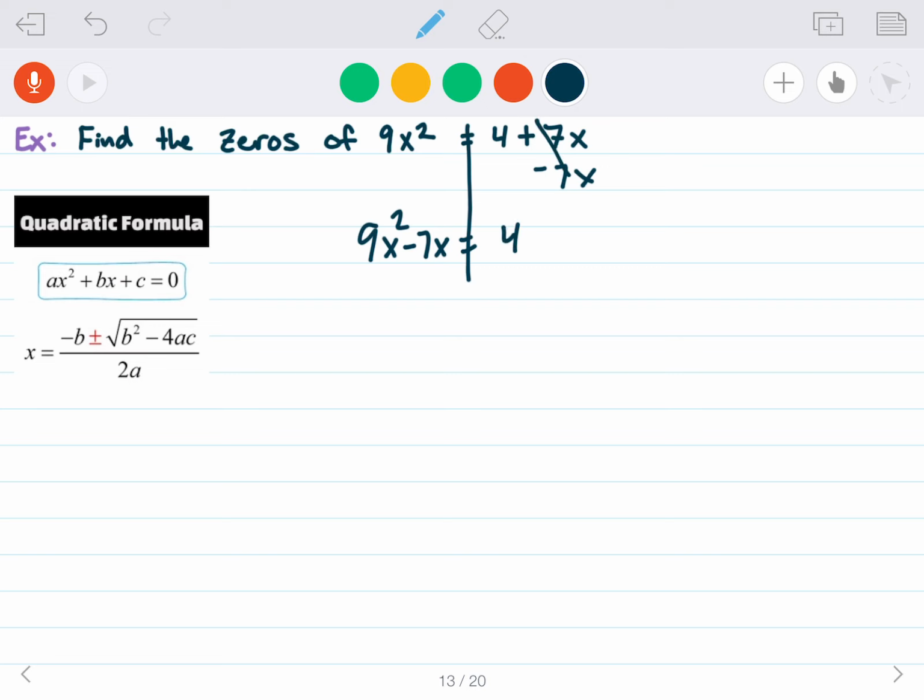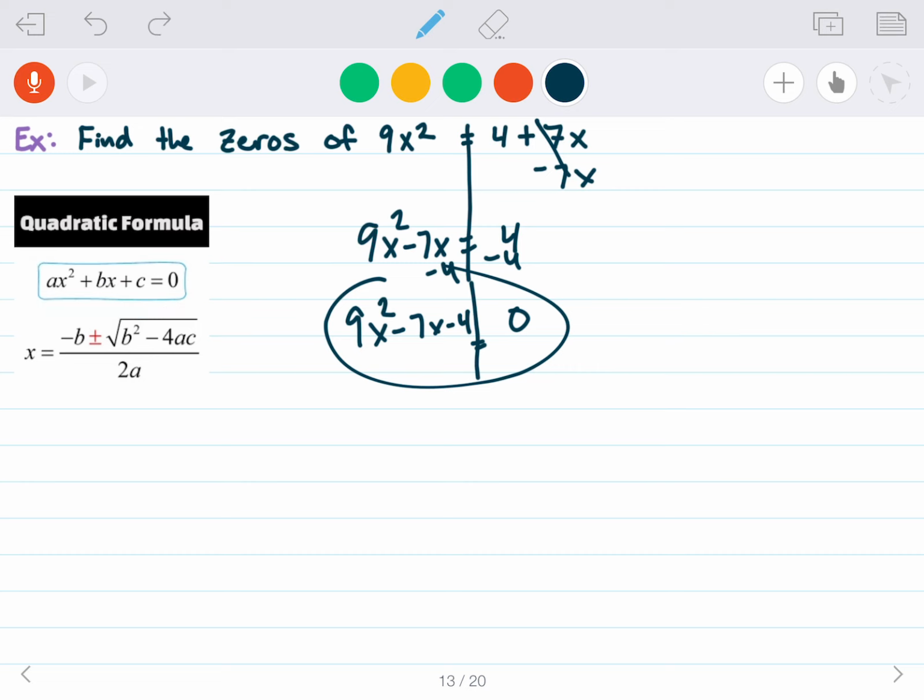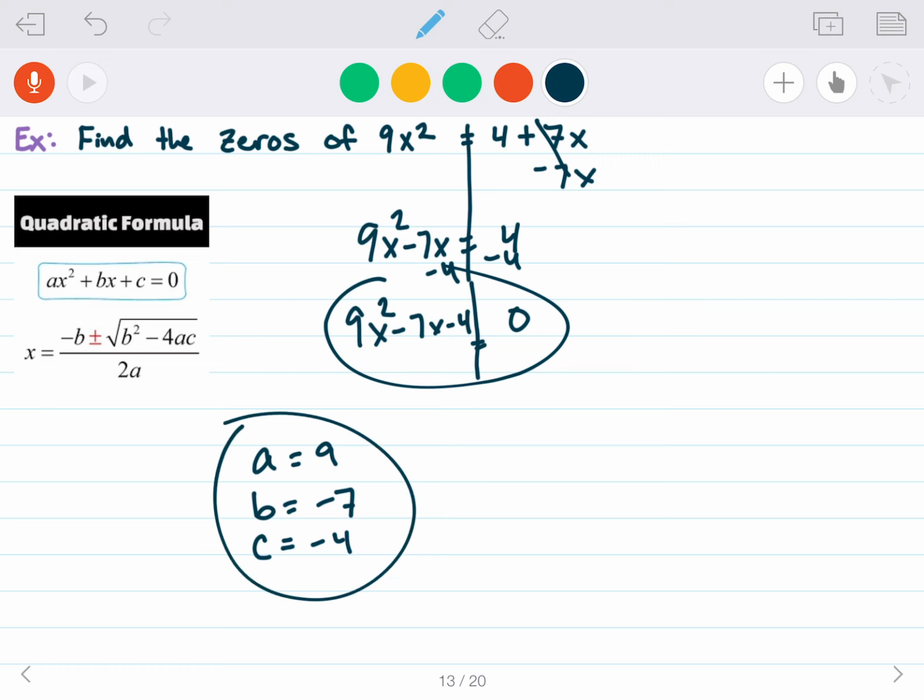All right, when I do that, I get this, and now I'm going to subtract the 4 over from both sides. When I subtract the 4 on the right, I get 0, and now I'm in the form ax squared plus bx plus c equals 0. So here we have a is 9, b is negative 7, and c is negative 4. And we can just plug this stuff into our quadratic formula at this point.